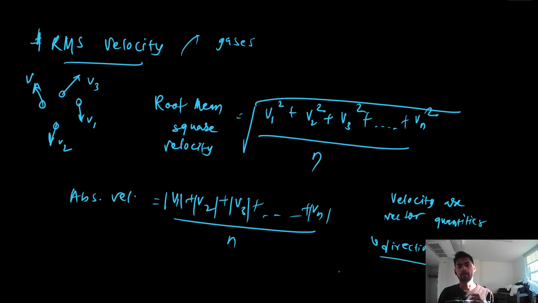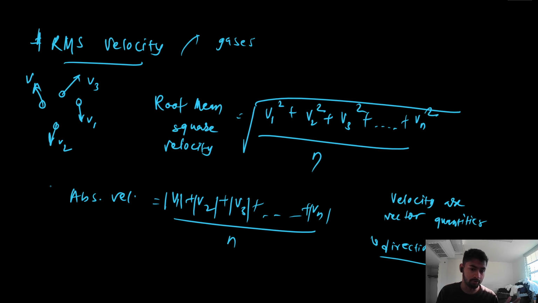Because on average, if there are infinite numbers of velocity particles, then in the long run everything is going to cancel out, and we won't be able to compute anything, because if you have infinite velocity particles traveling in all directions, then the mean velocity should be zero.